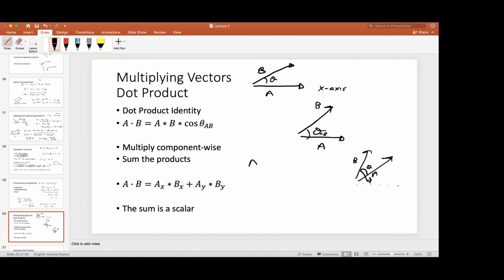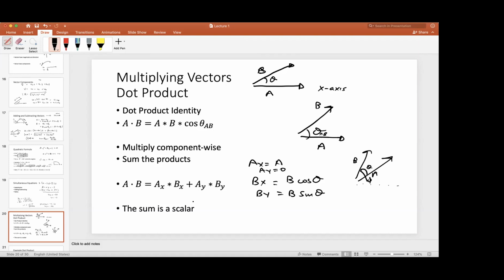And now we know that AX is simply A, and BX and BY is B cos theta and B sine theta. Now, there is no AY. AY is 0. Therefore, A dot B is AX, A times BX times B cosine of the angle between them, and this term becomes 0. This sum, though, is not a vector. It's a scalar.